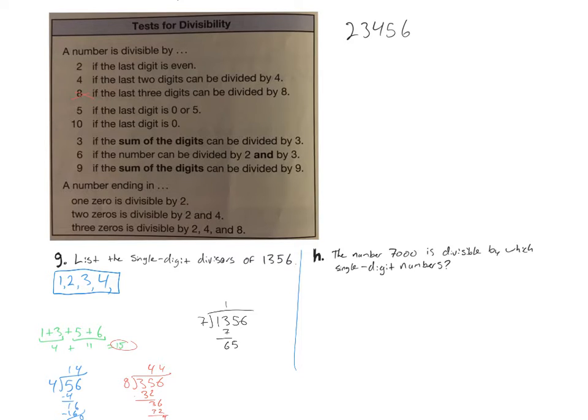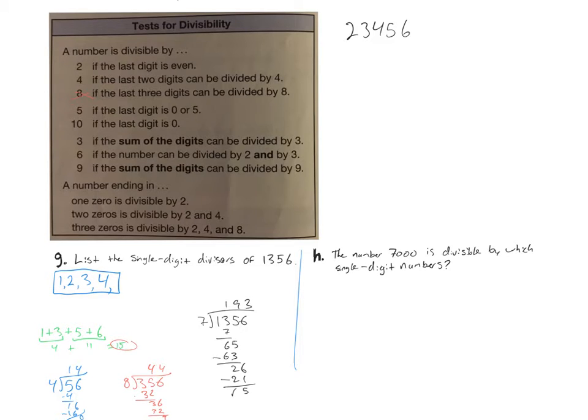Bring down the 5. Goes into that 9 times. 63. 2, 6. Goes in that 3 times. It's 21. 5. And so that's going to be my remainder. So it's not going to be 7.